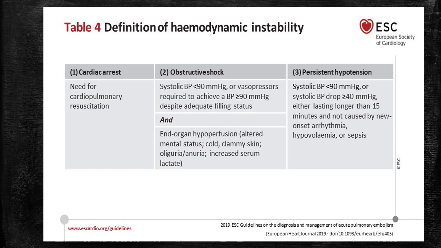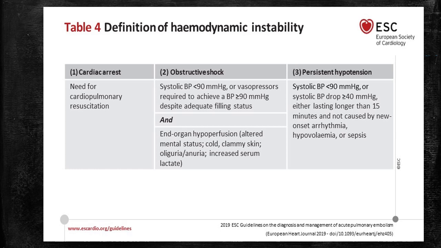The other clinical condition which we see in hemodynamic instability is persistent hypotension. What is persistent hypotension? When will you mention a patient with a persistent hypotension? A patient with systolic blood pressure less than 90 millimeters of mercury, or a systolic blood pressure drop of greater than or equal to 40 millimeters of mercury for 15 minutes at least.